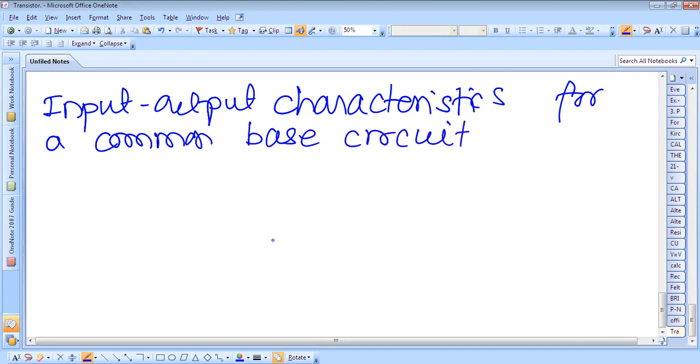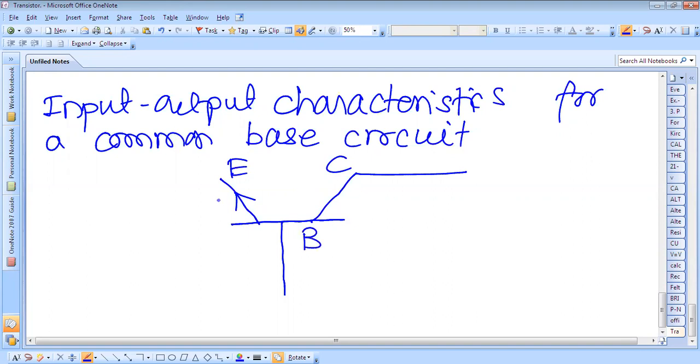So for the common base circuit, the base is common. So this is common. This is the emitter. This is the collector. And here we have to measure the current. Therefore, this is one ammeter, ammeter A1, we can call it.